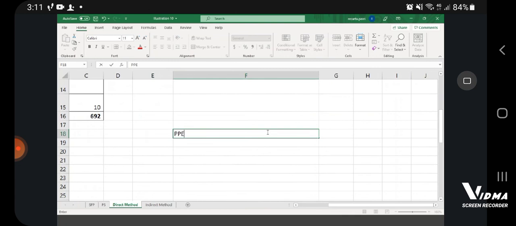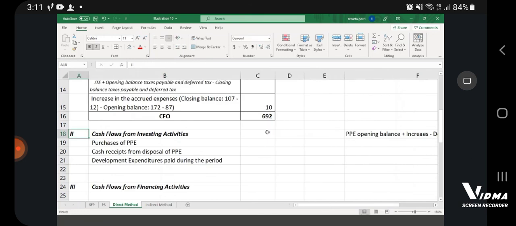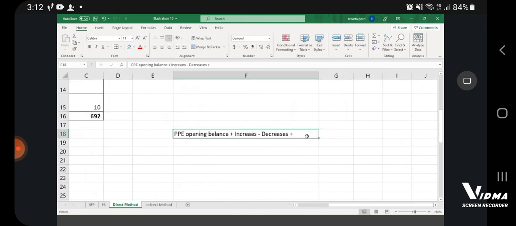We said that property, plant and equipment opening balance plus increases less decreases for various reasons will be equal to the property, plant and equipment closing balance.